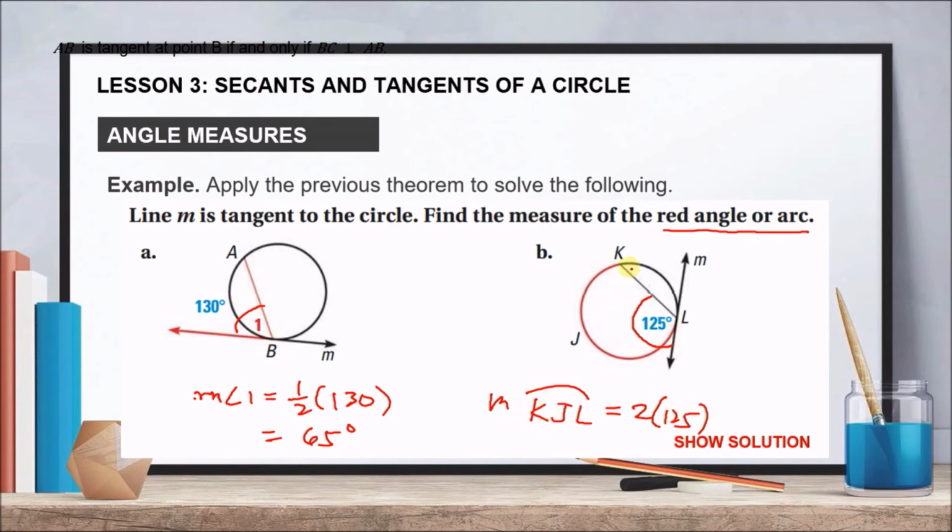Okay, kasi pabalik tayo. Instead of getting the half, ngayon getting twice of that inscribed angle for you to get the measure of the intercepted arc involved sa inscribed angle na yan. So twice of the 125 is equal to 250 degrees. So therefore, this red arc is equivalent to 250 degrees.